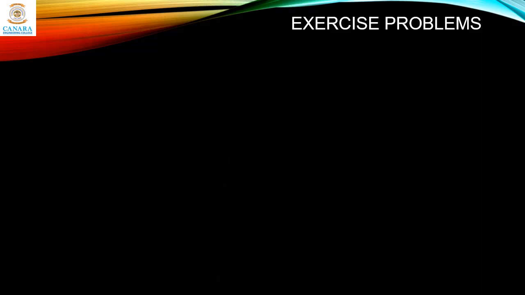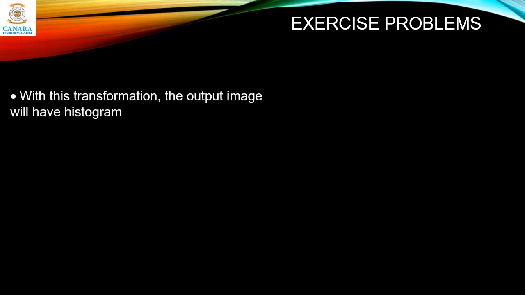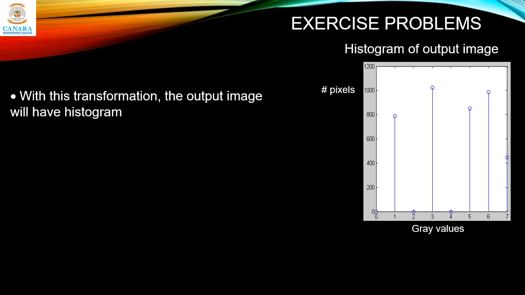Last step is to draw the histogram for the output image. With the transformation that we have done, the output image will have the histogram like this. This is the output image histogram. We are mentioning only the levels that have values. So 1 by 7 we have the value, 3 by 7 here, 5 by 7, 6 by 7 and 1. 5 levels in the output, and for 0 level and 2 and 4 we don't have any representation.